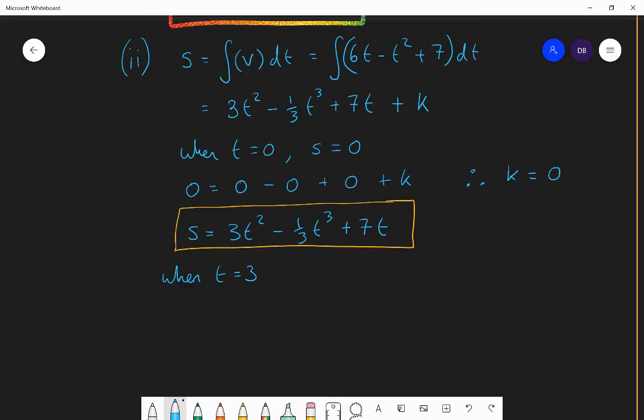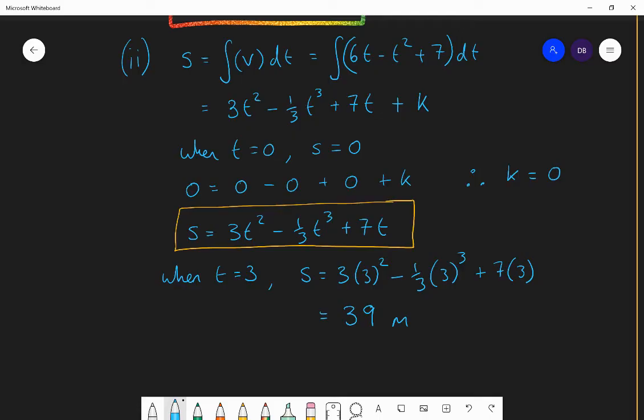So when t is 3, s will equal 3 lots of 3 squared minus a third of 3 cubed plus 7 lots of 3. And that will equal 39. So the displacement is 39 meters from the starting point.